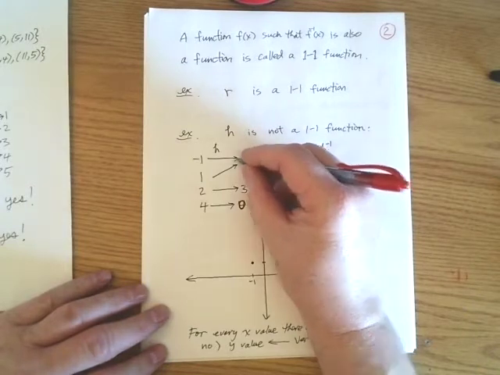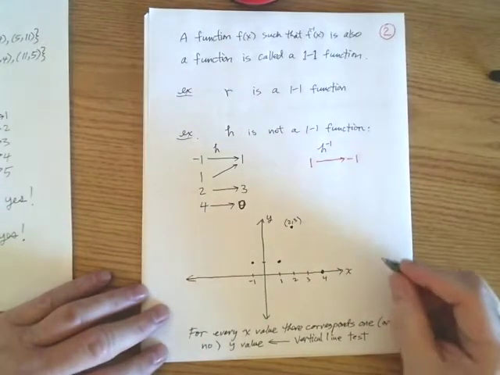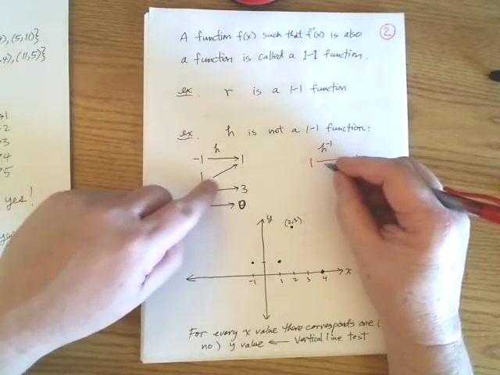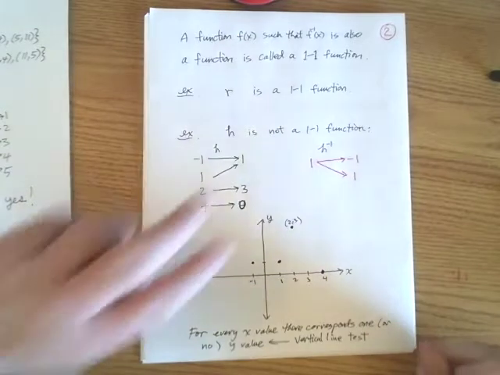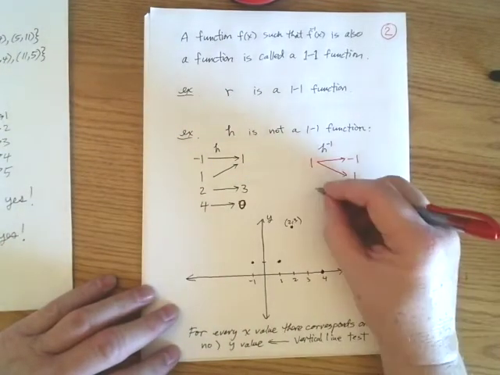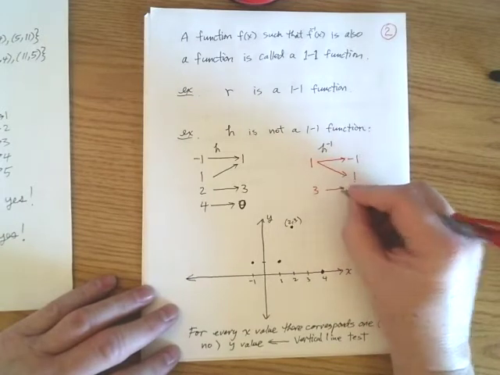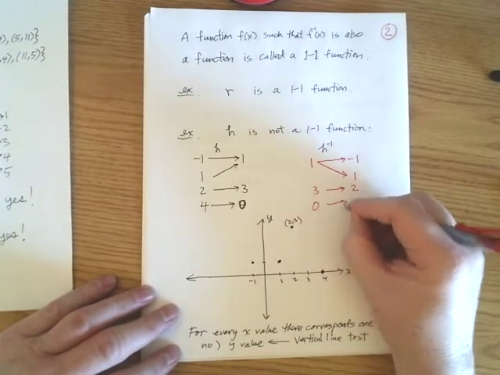So 1 is pointing at -1, and 1 is also pointing at 1. Remember, the direction of the arrows is changing. That's equivalent to just interchanging all the ordered pairs. 3 would be pointing back at 2, and 0 would be pointing at 4.